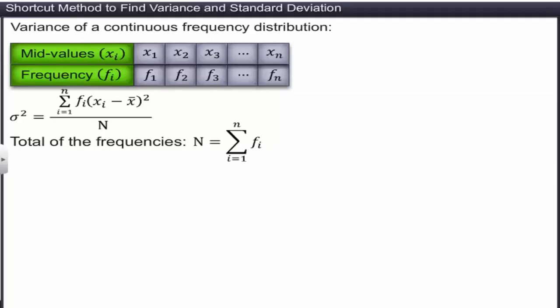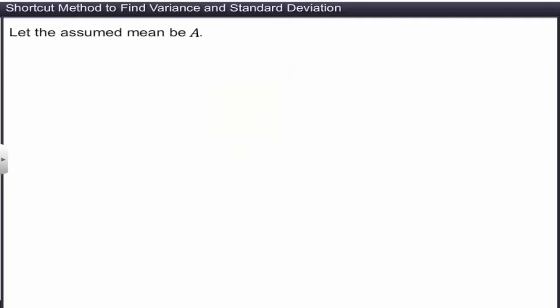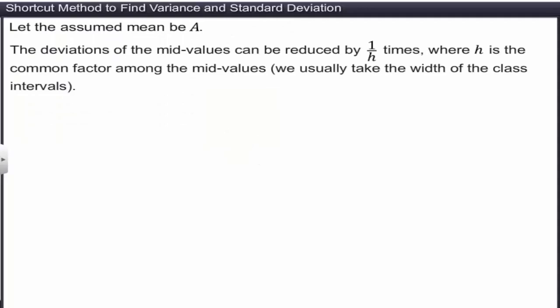Let the assumed mean be A. The deviations of the mid-values of the class intervals about the assumed mean can be reduced by 1 divided by h times, where h is the common factor among the mid-values. For the sake of convenience, we consider h equal to the width of the class intervals in a regular interval of class. Let the step deviations be yi, which is equal to xi minus a whole divided by h.